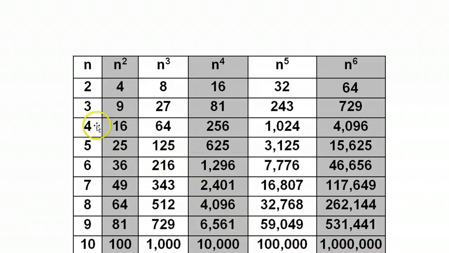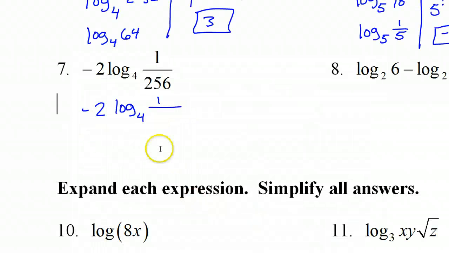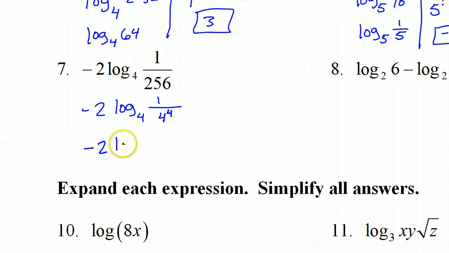And as we saw, 256 is 4 to the 4th power. So that makes this 1 over 4 to the 4th power. Now I can bring in the negative exponent. So that would make this -2 log base 4 of 4 to the -4 power.